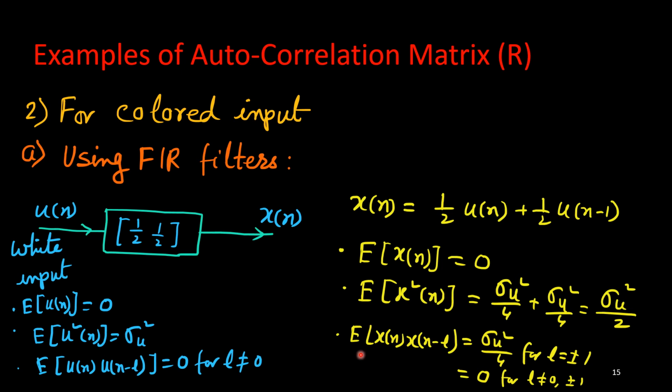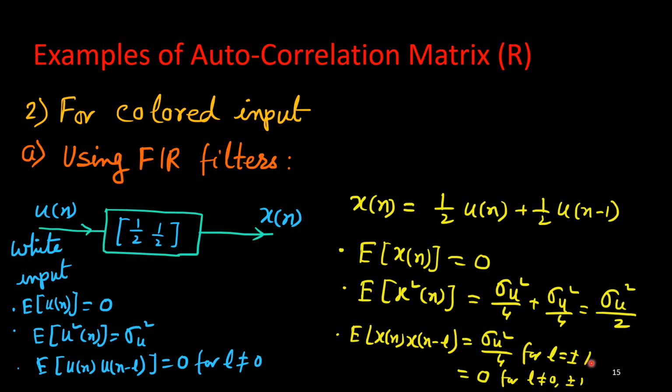Here you will see x(n) and x(n minus L), this correlation will be sigma u square by 4 if and only if L equals plus minus 1.